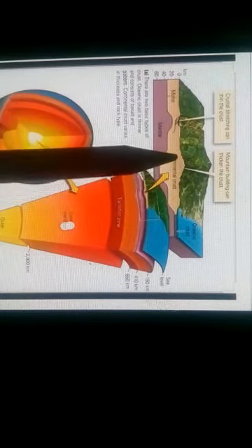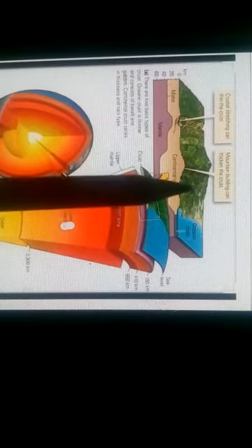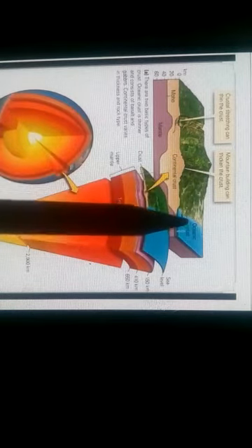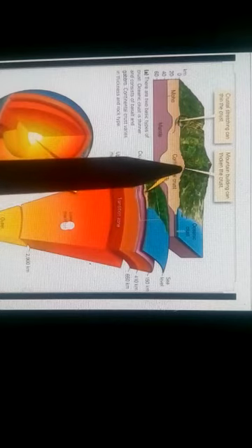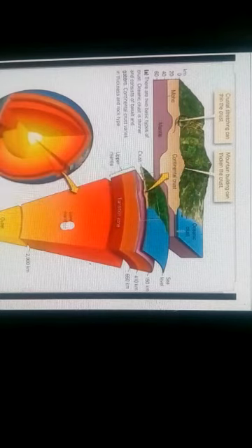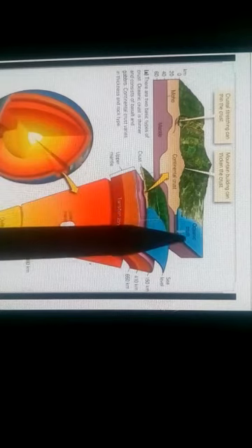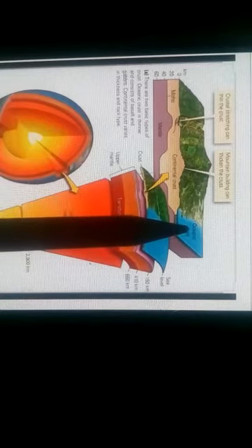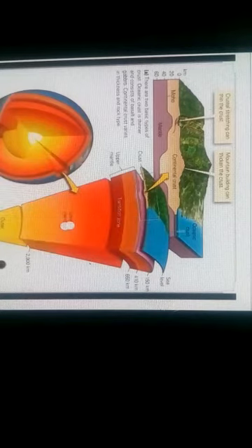Due to the mountain building, there is a thickness of the crust. That's why I just explained to you that below this continent area, below this mountain area, there is near about 70 kilometer thickness of the crust, but below the water area or the oceanic area there is only 5 kilometer thickness of this crust.